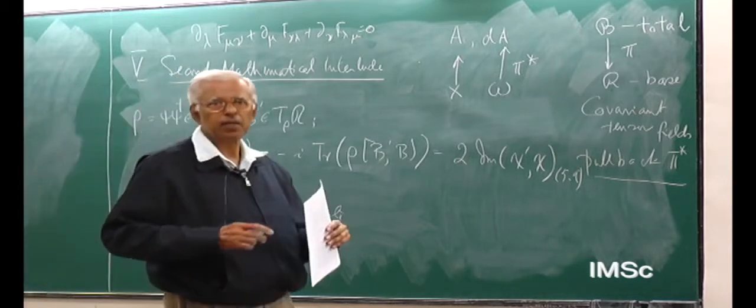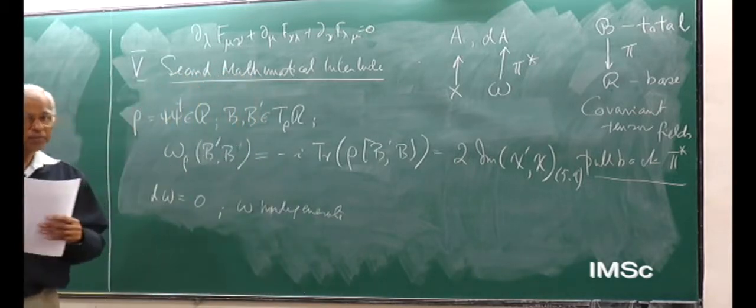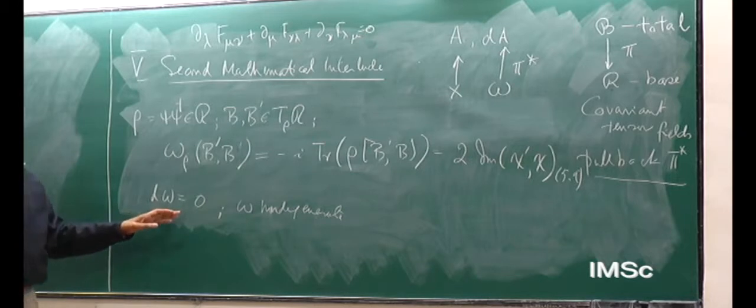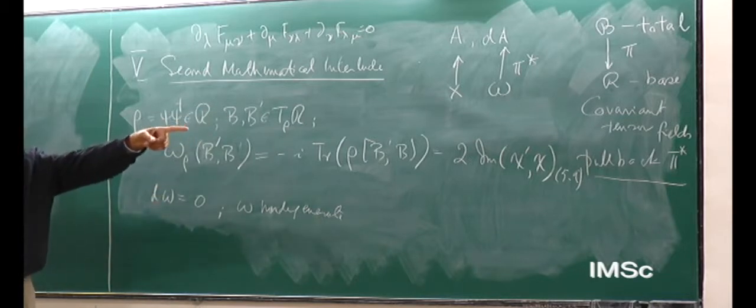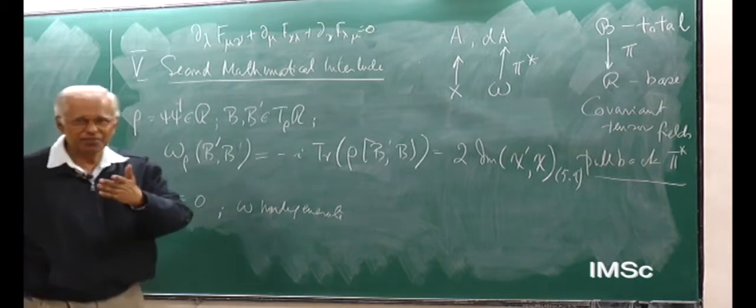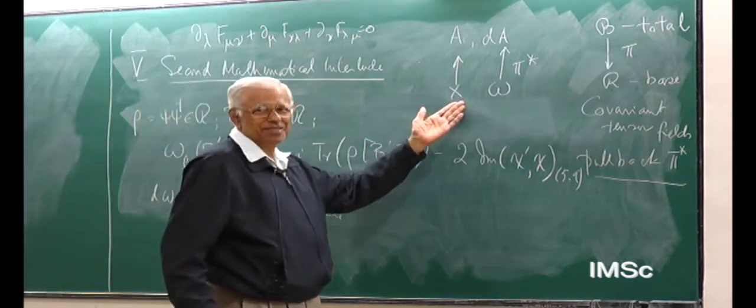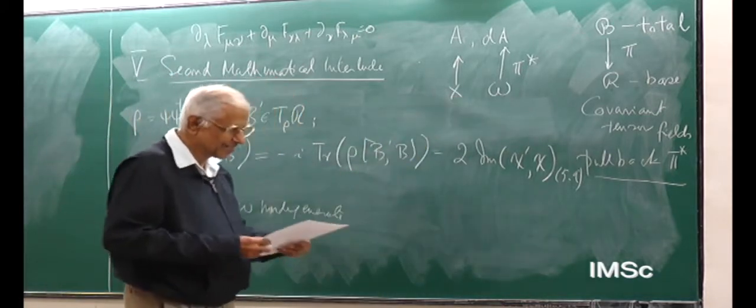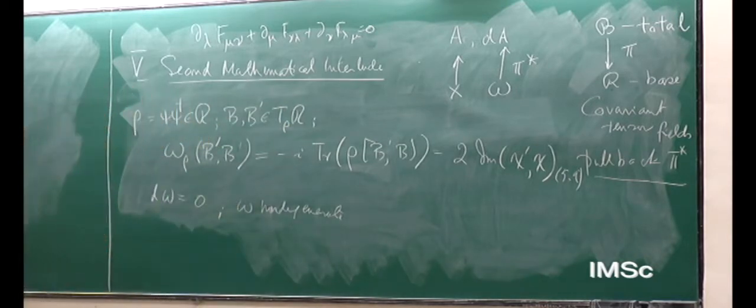But omega need not be an exact form. It is closed, not exact. This omega, in fact, is not exact in the quantum mechanics context also. If it had been exact, there would have been something. Right. Very good. I'm glad to see that you caught the spirit of it.